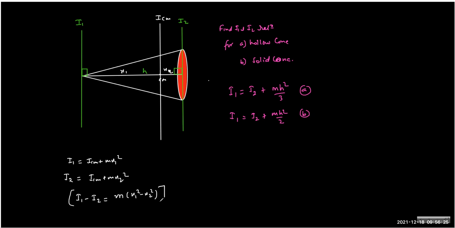You can always use this formula to get the answer. So I1 minus I2 will be... x1 means the distance from I1 to the center mass. For the first case, it is 2h by 3.